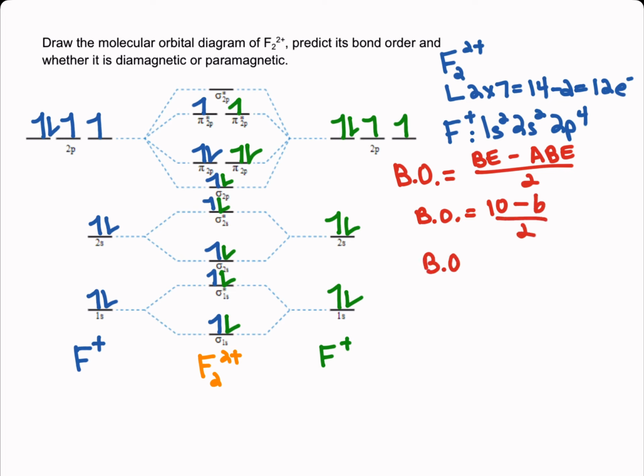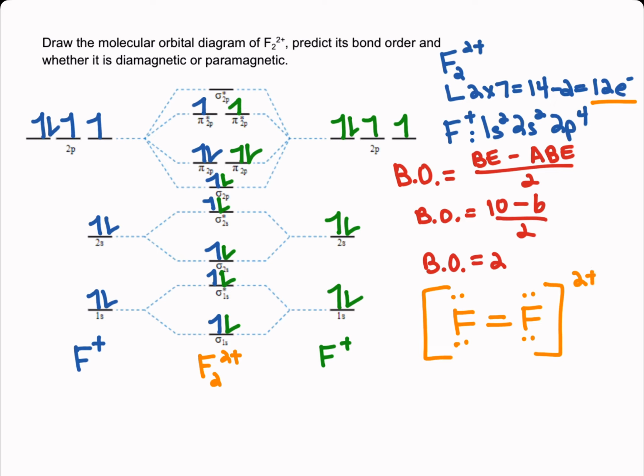So 10 minus 6 is 4. 4 divided by 2 is 2, which means that there are 2 bonds between the fluorine atoms, but we have a total of 12 valence electrons. So each bond is 2 electrons: 2, 4, 6, 8, 10, 12. We don't want to forget the bracket because this is a charged molecule.